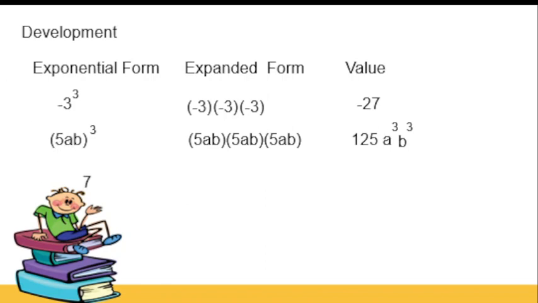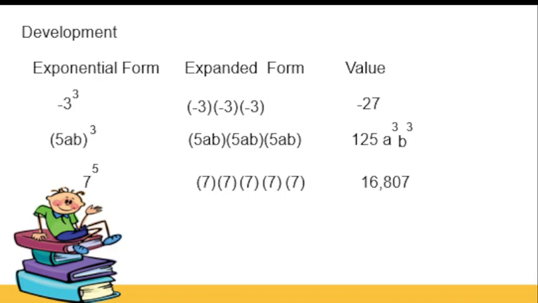Next, you have 7 raised to the 5th power. So that is 7 multiplied by 7 multiplied by 7 multiplied by 7 multiplied by 7. Meaning, you have to multiply 7 five times. And the result will become 16,807.